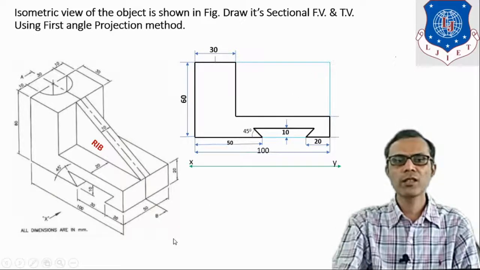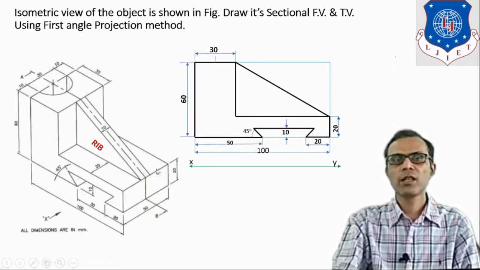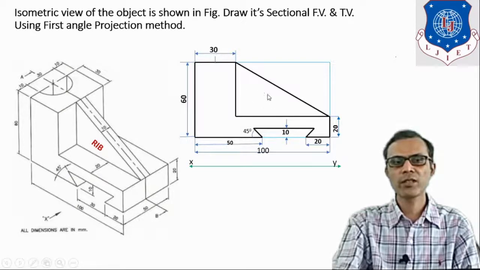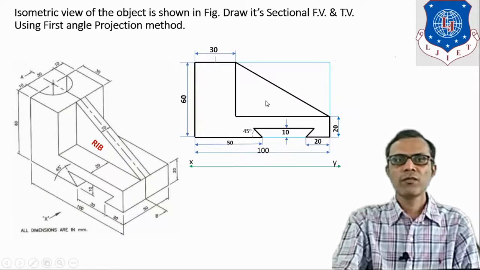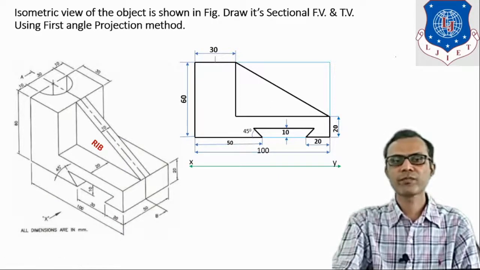So simply join these points as shown here. So it is a slant edge, and this triangular shape is represented here in the front view. So it is a front view for the rib.